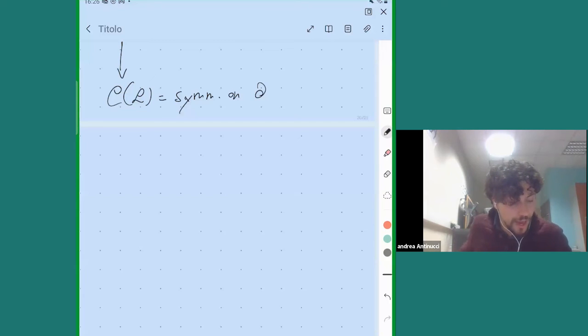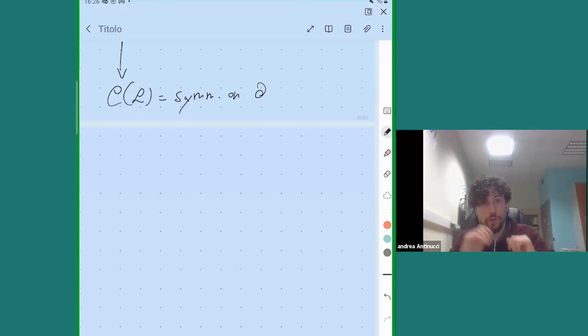I can tell you one reason comes really from actual holography. If you have a certain QFT with a certain categorical symmetry, and this QFT has an actual AdS-CFT dual, so it has a supergravity dual action, it turns out that if you look at your supergravity dual action, you just focus on the topological terms, like Chern-Simons-like terms, which are the most relevant when you look very close to the boundary.